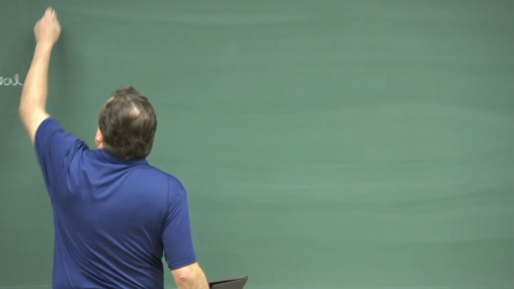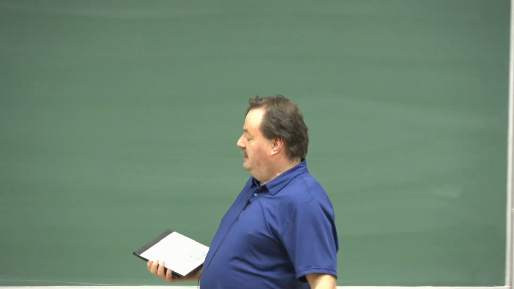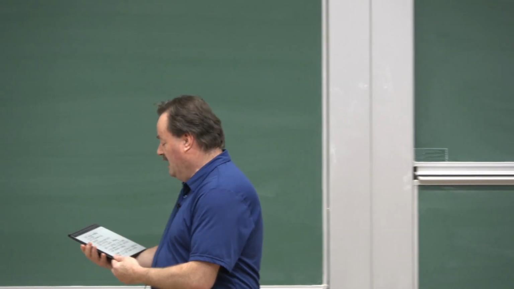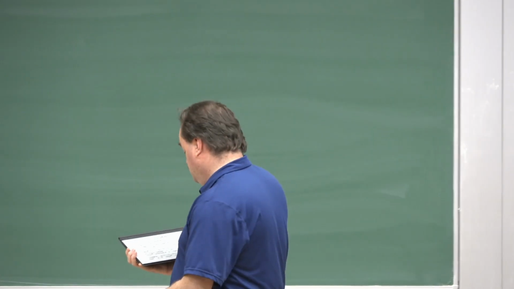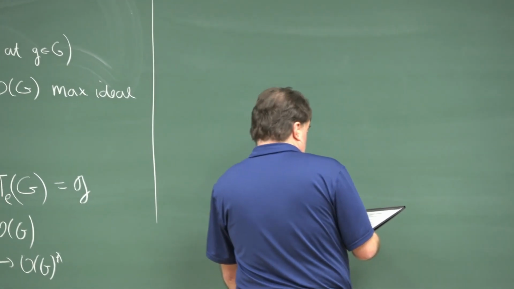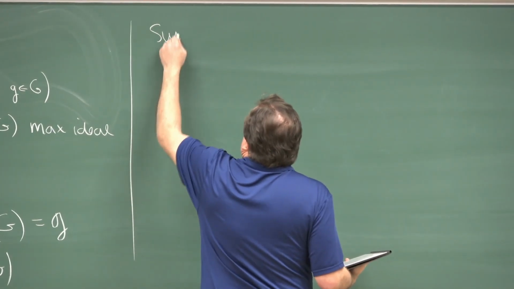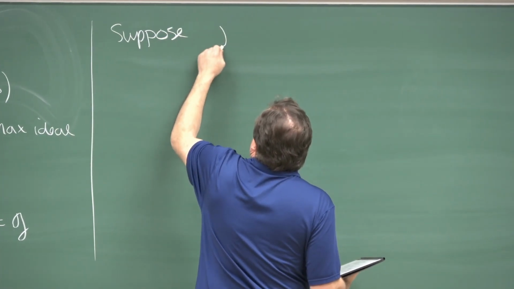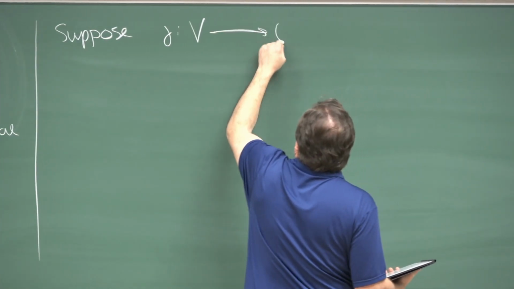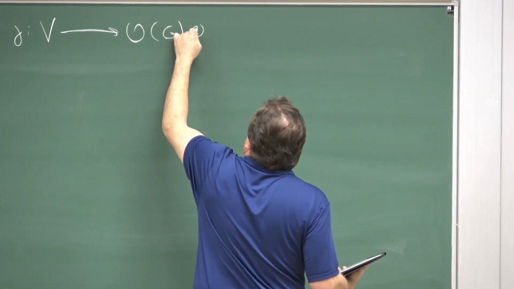Suppose now we have some representation of G, with gamma being the rational action I defined earlier.